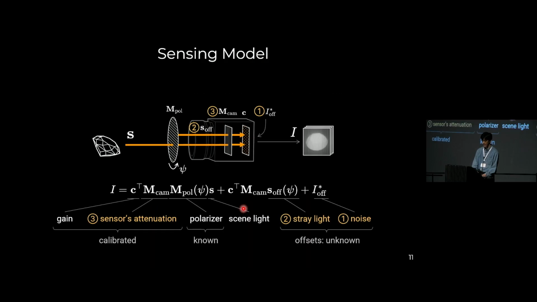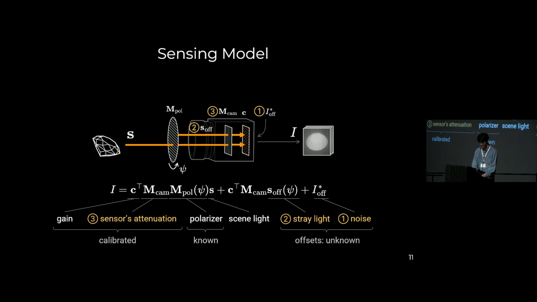We formulate the image by taking this effect into account. The light from the scene is represented by the Stokes vector, and the properties of the polarizer and sensor's surface are represented by the Mueller matrix. Using this equation, the polarization state of the scene light can be calculated from images captured with a rotating polarizer.